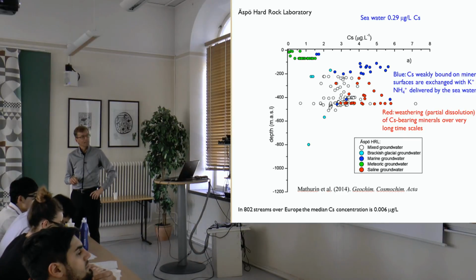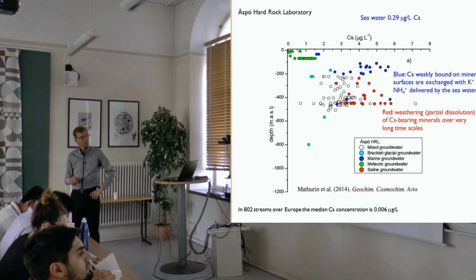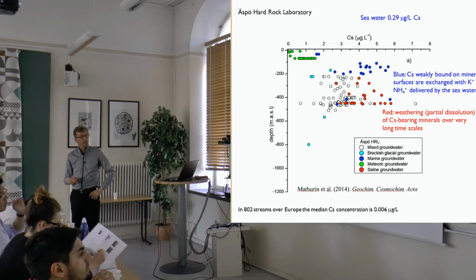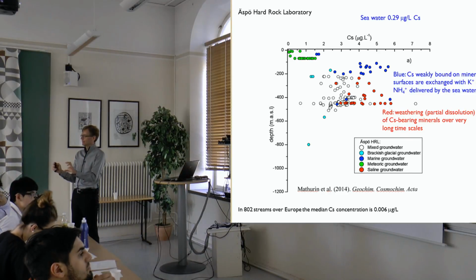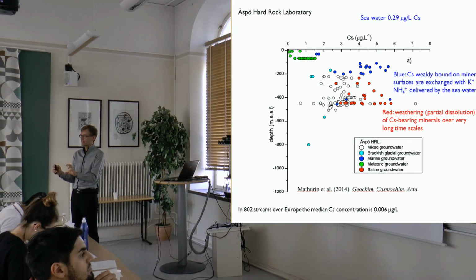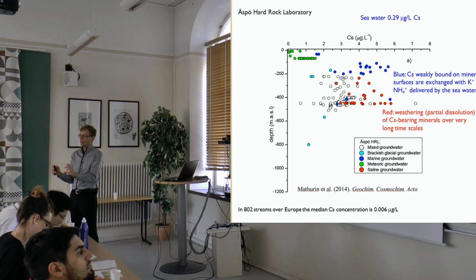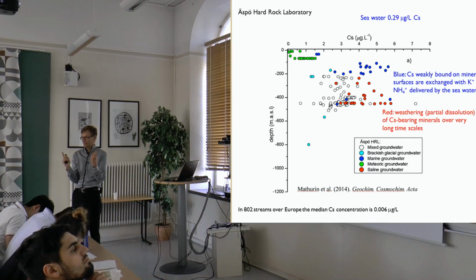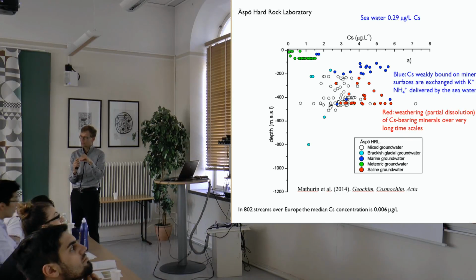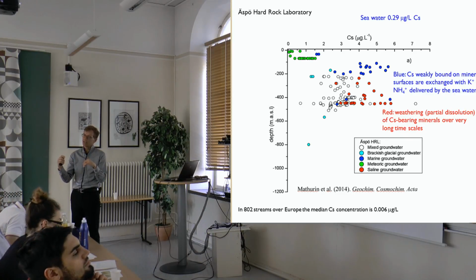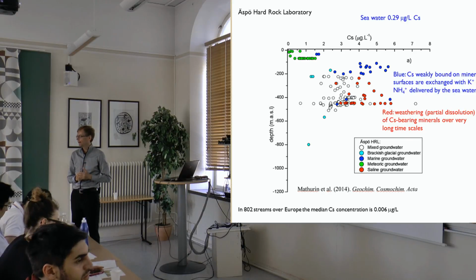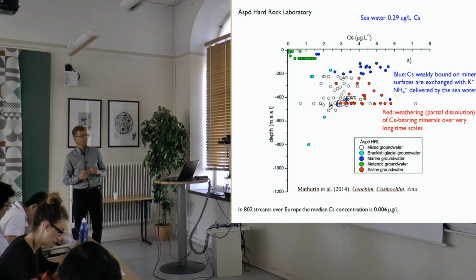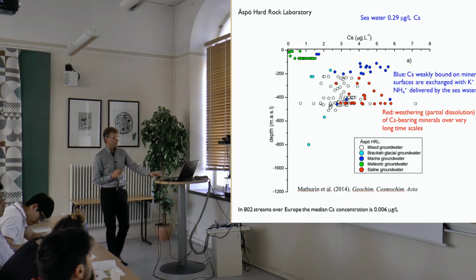So what is happening when the seawater is coming is that potassium and ammonium become attached on the mineral surfaces, and cesium goes into the water. So it's an exchange between cations coming in the water with the cesium cation on the surfaces of some minerals.